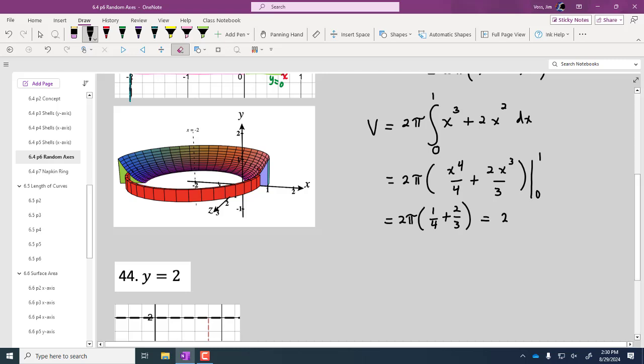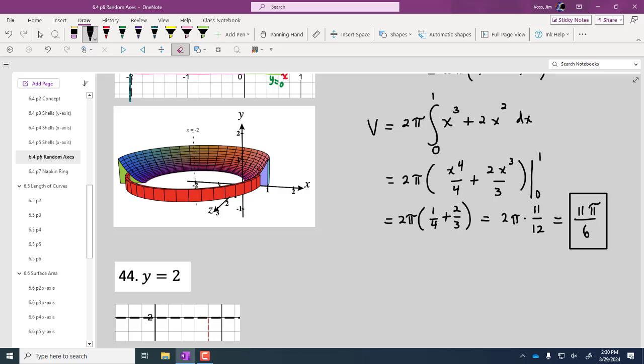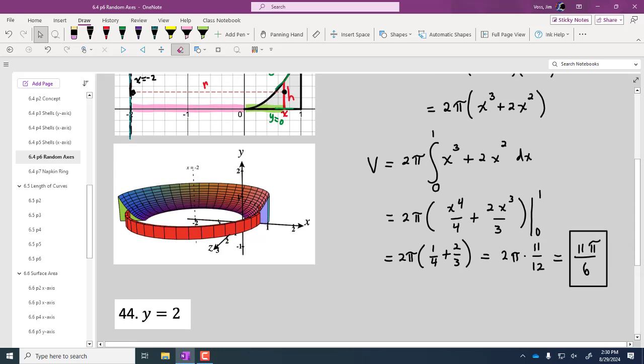So that's going to be 2 pi multiplied by 11/12, which will be 11 pi divided by 6. So that is the volume going around a random axis. Any piece of that you want to ask about?